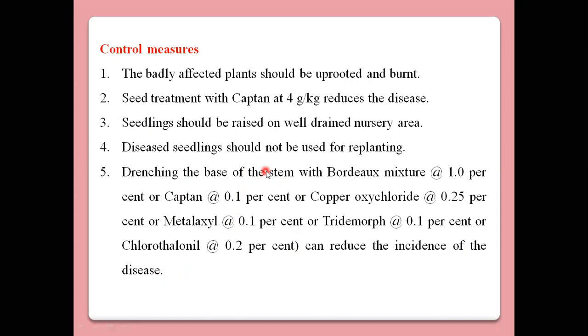Instead of chemical methods, some biological methods are also effective. That means seed treatment with Trichoderma viride powder at the rate of 4 gram per kg of seed, to protect the seeds from fungal infections by applying the biological agent as well as the chemical agent or fungicides.